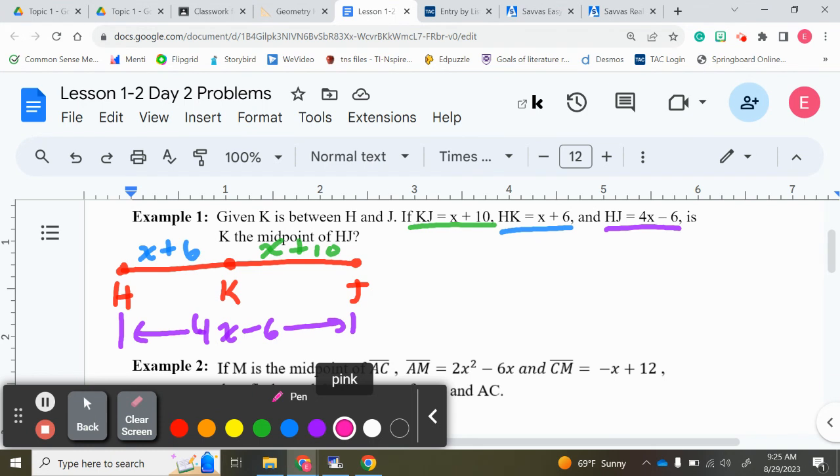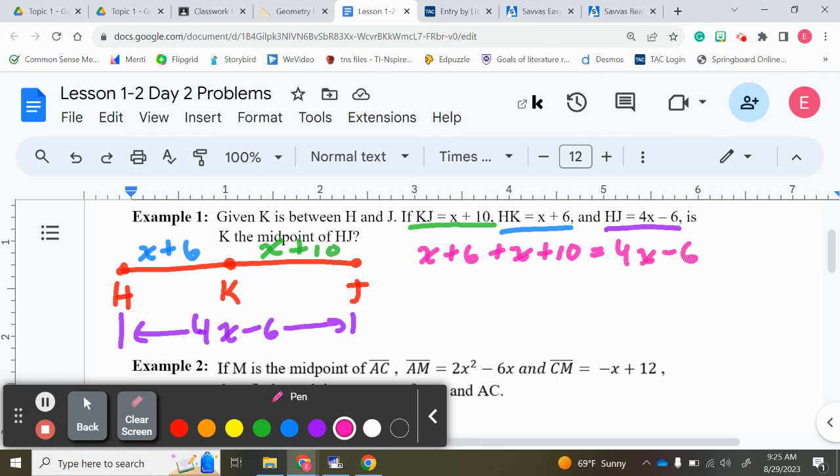Yeah. Well, you add H and K and J, and then that equals 4x minus 6. Perfect. So we're going to apply the segment addition postulate, and we're going to add this part plus this part equals this part. So this is going to be x plus 6 plus x plus 10 equals 4x minus 6.